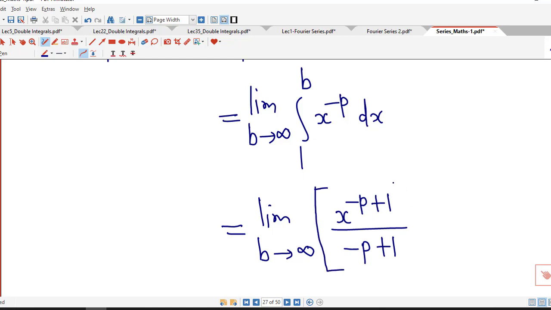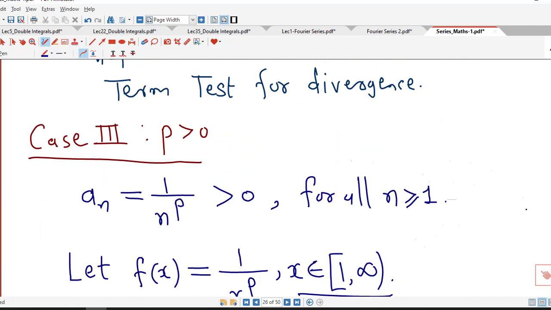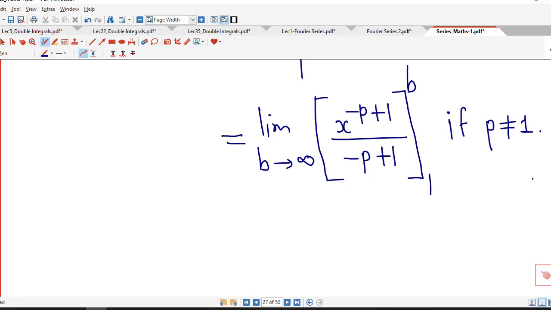Because we have minus p plus 1 in the division, this is valid if p is not equal to 1. For p equal to 1 we will discuss separately. For the time being we assume that p is not equal to 1.